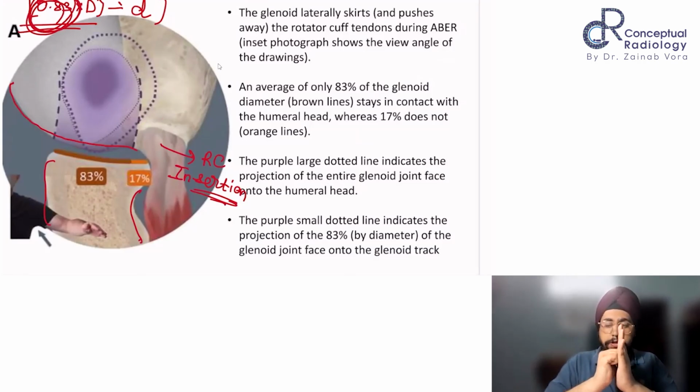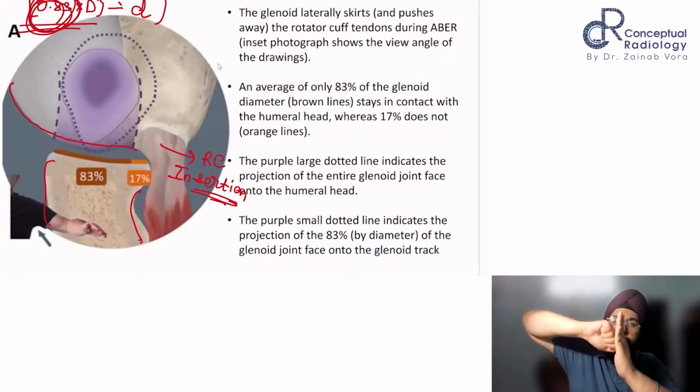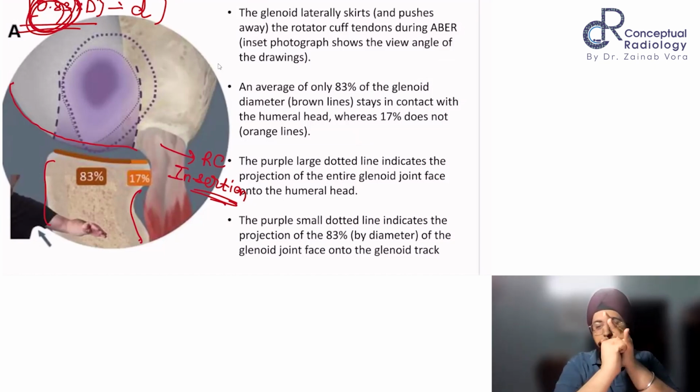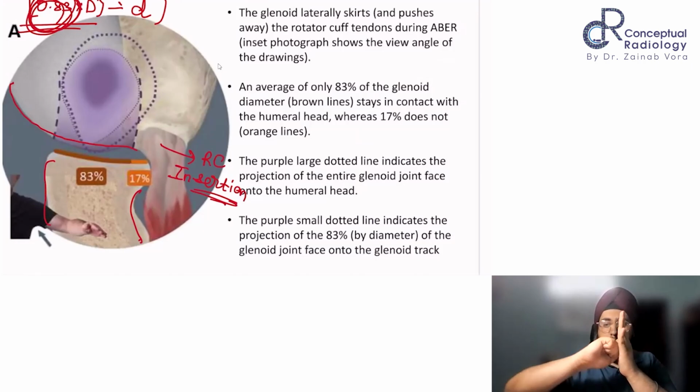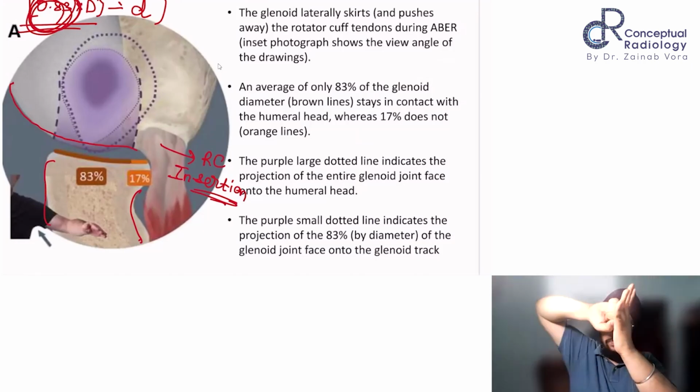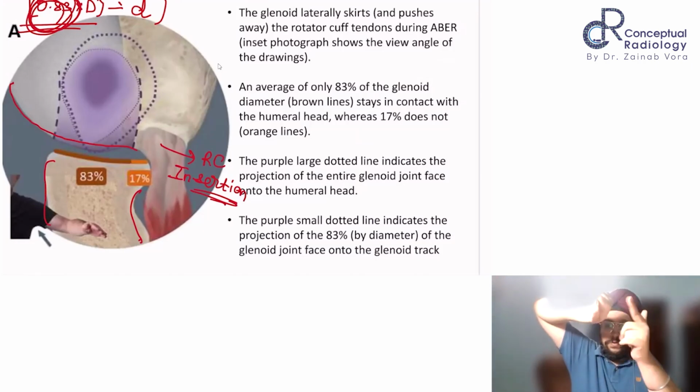Whenever we do the external rotation, this is the posterior superior aspect, which you are not able to see. But once it undergoes the extreme ABER position, this posterior superior humeral head has come in contact with the anterior inferior glenoid rim.